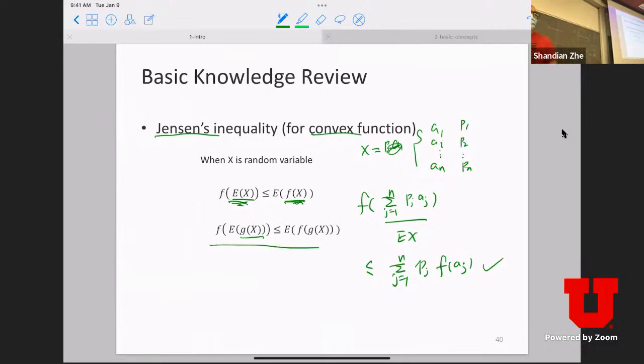Basically, that means if you can identify such a nested structure of expectation and f in your expression, you can just apply Jensen's inequality. Any questions so far?